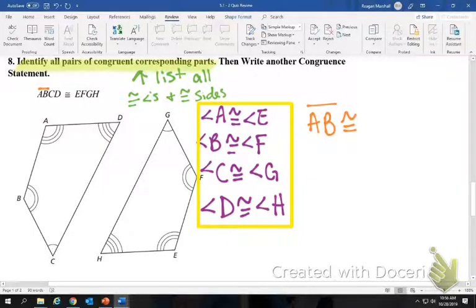So again, I look at the statement and I say AB is the first 2 letters. So we look at the first 2 letters of the second statement. What is AB congruent to? Yeah. Pick another one. BC. You could say CD, sorry. But we're going to do BC for now. BC is congruent to FG.